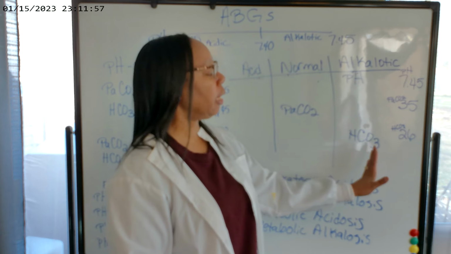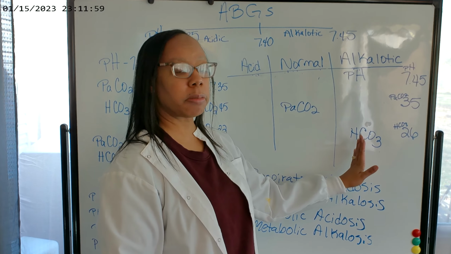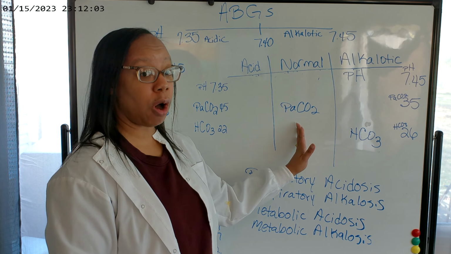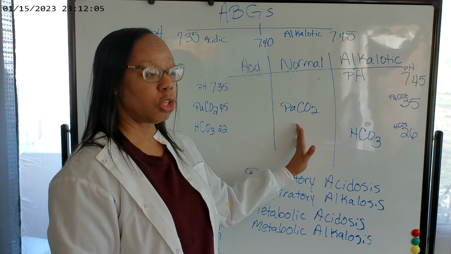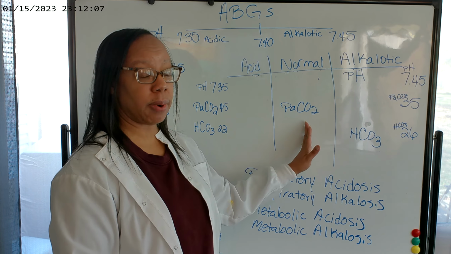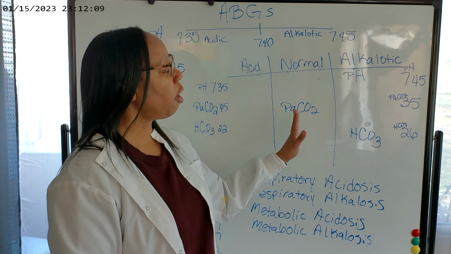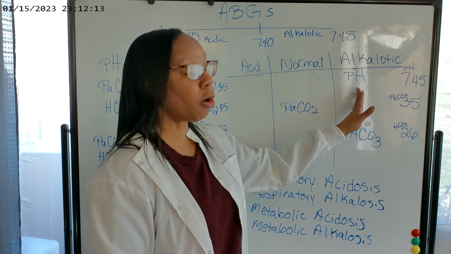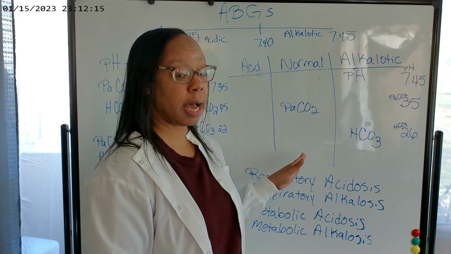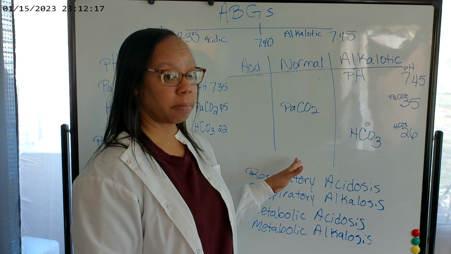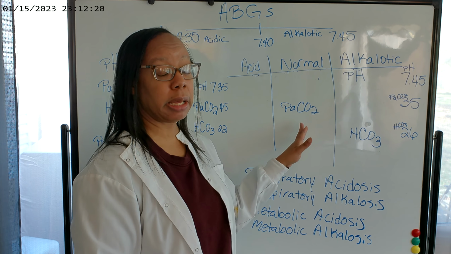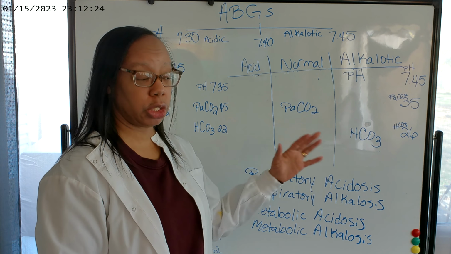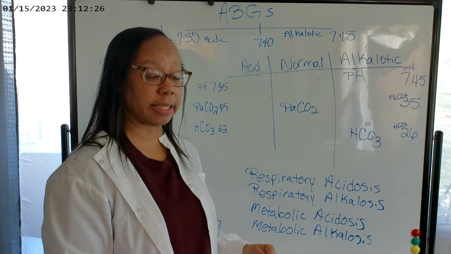So metabolic alkalosis. The CO2 is not throwing itself off yet. So it's not trying to compensate right now. So therefore this is metabolic alkalosis uncompensated. It's uncompensated because the CO2 is not trying to throw itself off to bring things back into balance.